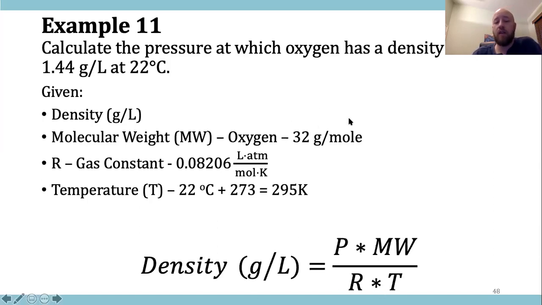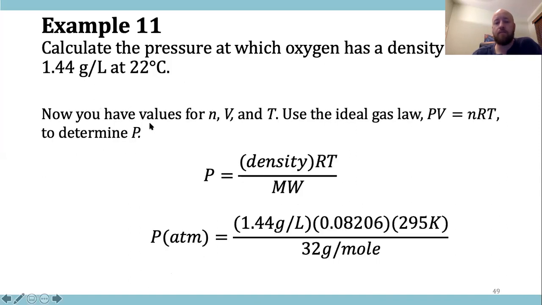So your molecular weight, you've got our gas constant, temperature is 293, so it's converting our 22 to 295 Kelvin, and plugging everything in here. We're solving for pressure. So it's just a little rearrangement of our top equation.